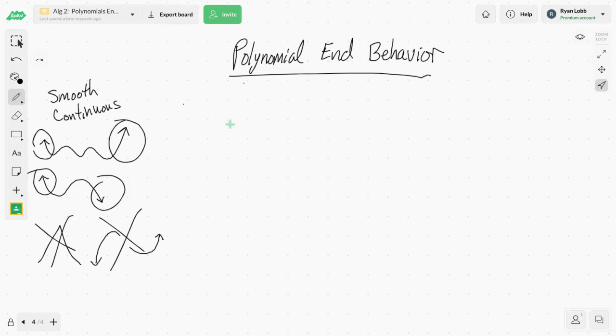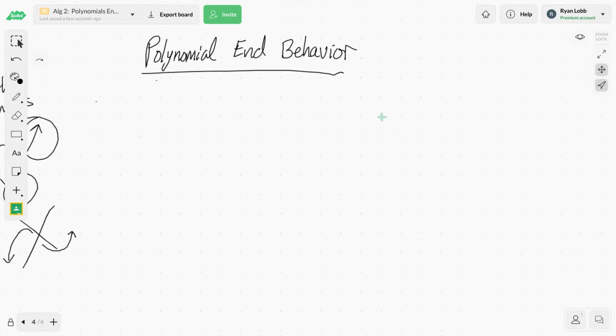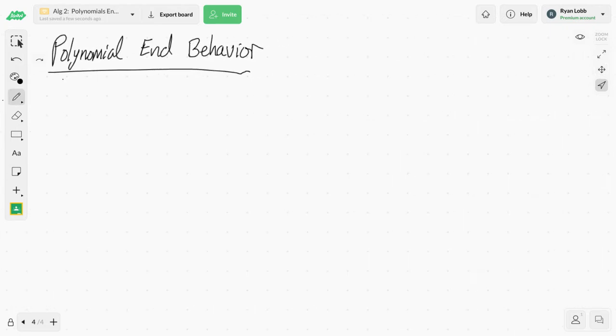Let's formalize this a little bit and make it as simple as we can. For any polynomial function, graphically, there are four things that can happen.